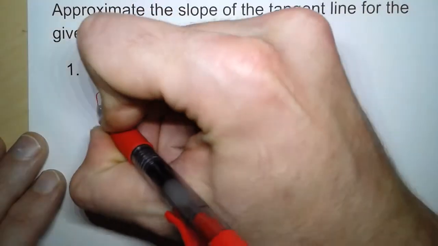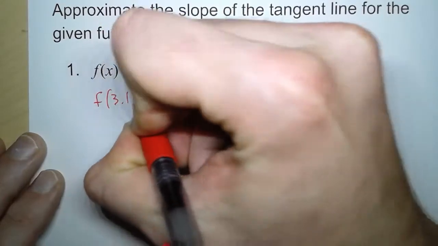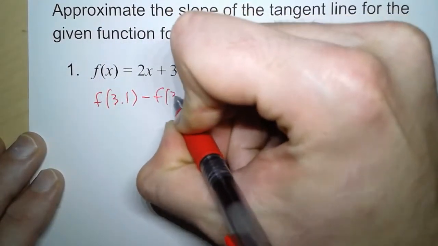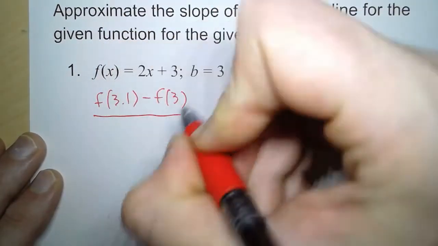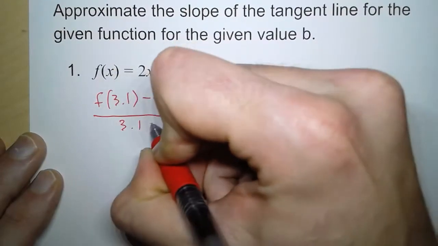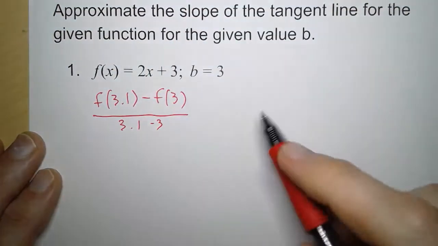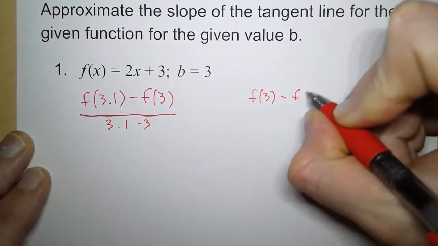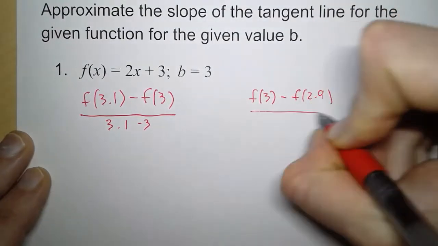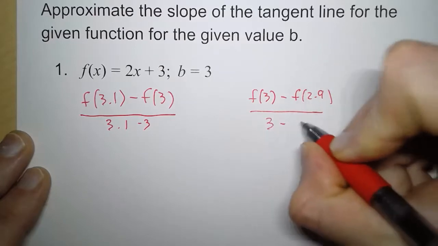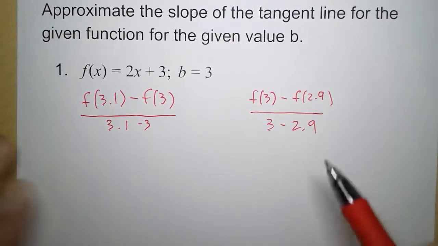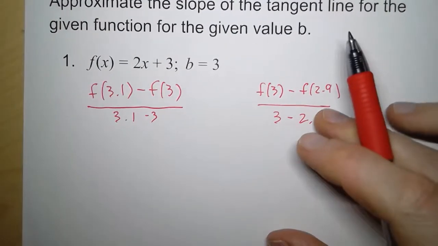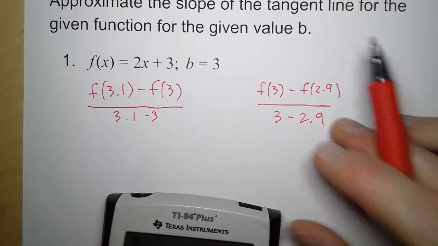So first I'll find f of 3.1, and we will find the slope between 3.1 and 3. And then we will also find the slope between 3 and 2.9. And ideally, we want these two numbers to be relatively the same.